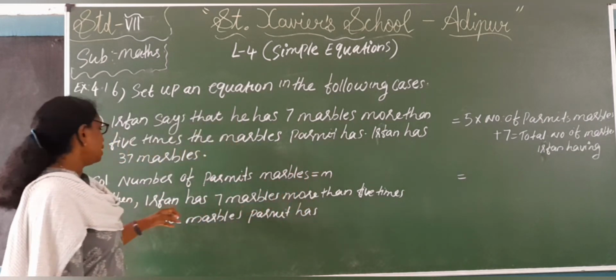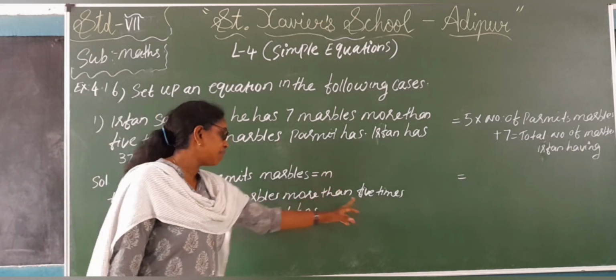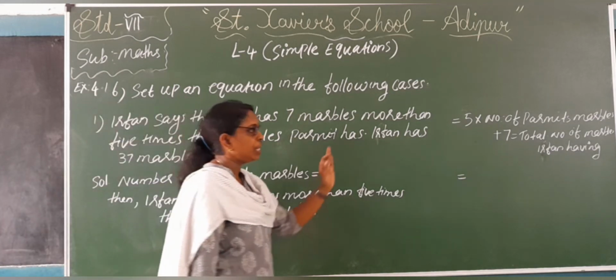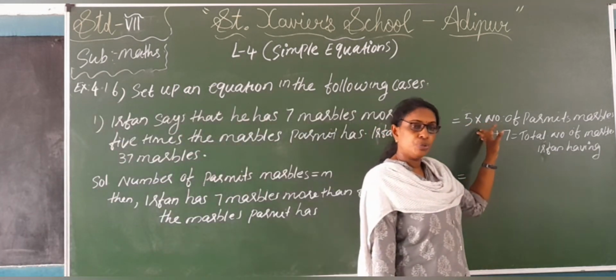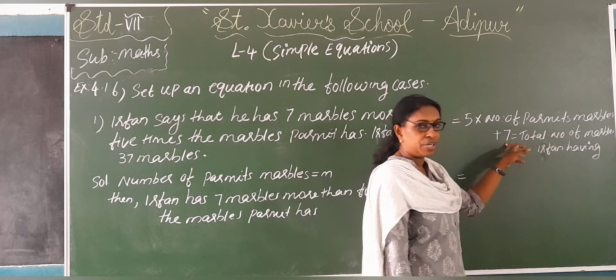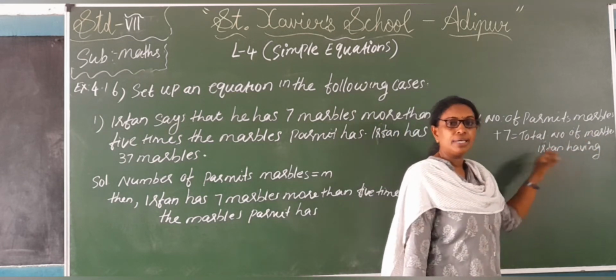So 5 times the number of Parveen's marbles plus 7 is equal to the total number of marbles Irfan has.